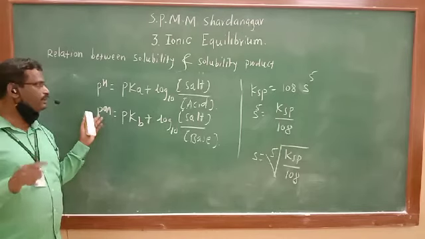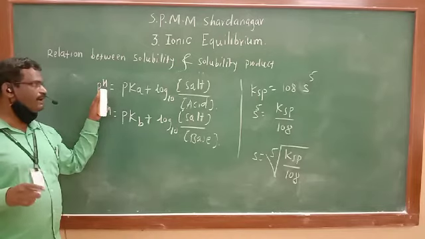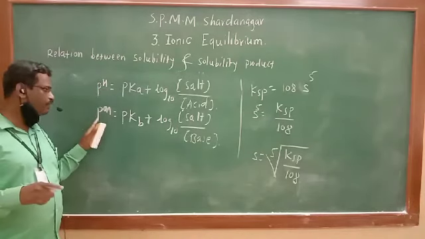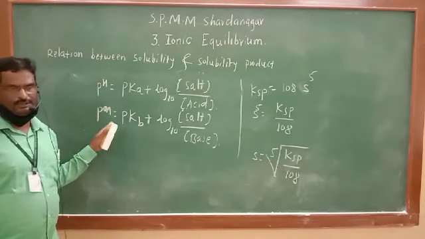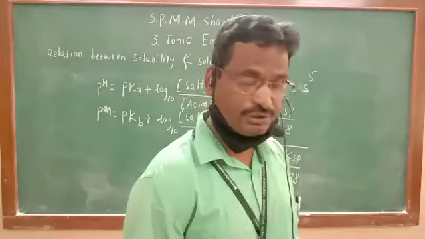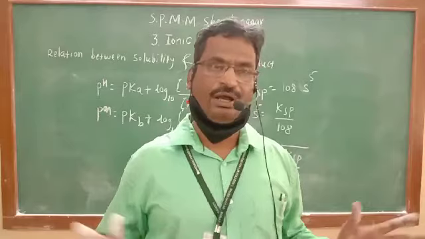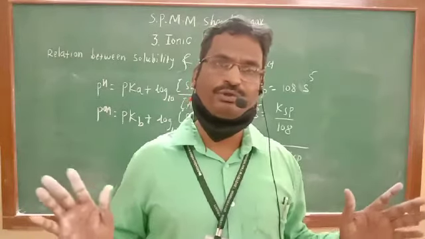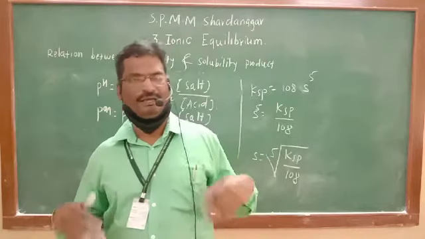So the pH of buffer solution is given by this Henderson equation, pOH of the buffer solution is given by this Henderson's equation. Now the next part, different types of salts, how to write the formula of salts and how to write the equation of solubility and solubility product for different salts. That part we will see in the next lecture.